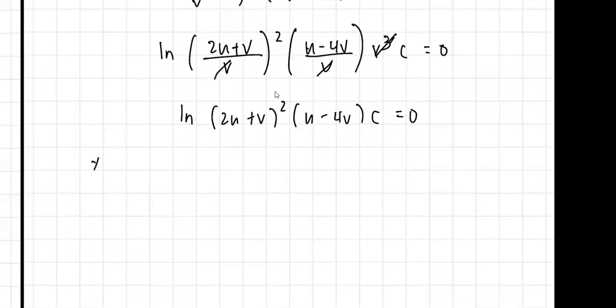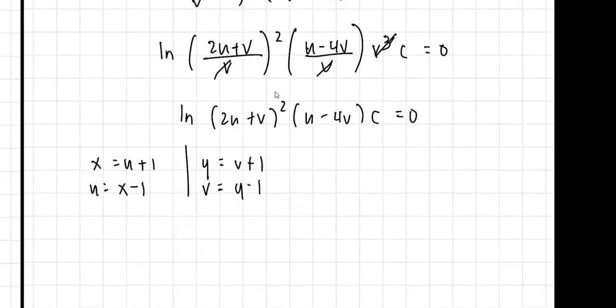Yung last natin is x is equals to u plus 1. So pwede natin gamitin na u is equals to x minus 1. Tapos y is equals to v plus 1. V is equals to y minus 1. So we have ln, so 2x minus 2 plus y minus 1 squared. Then u is x minus 1 minus 4y plus 4.